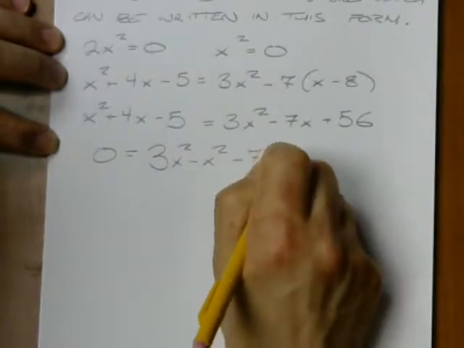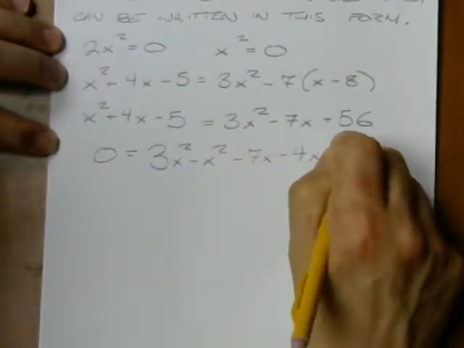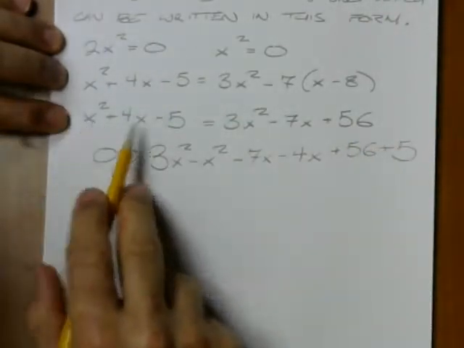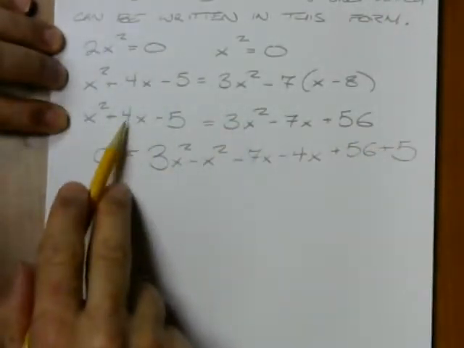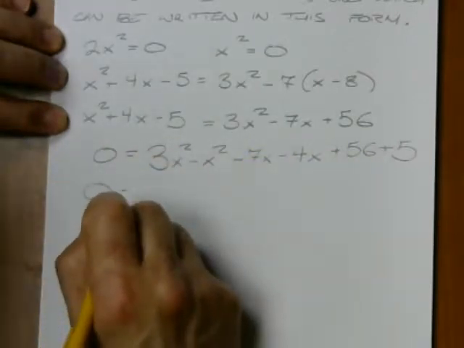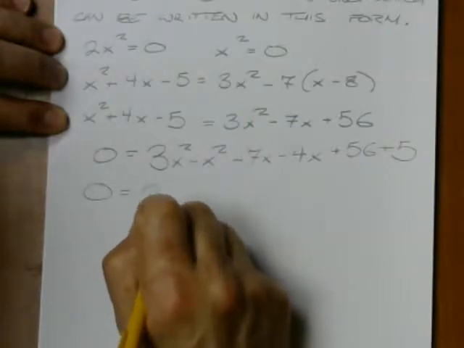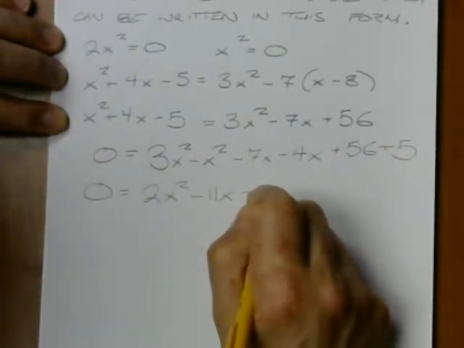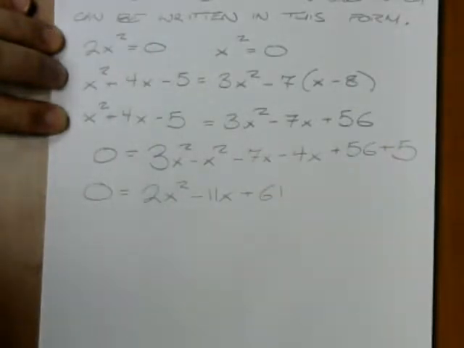Minus 7x minus 4x plus 8 plus 5. So I'm subtracting x squared, subtracting 4x, and adding 5. And what do I get? I get 0 equals 2x squared minus 11x plus 61.